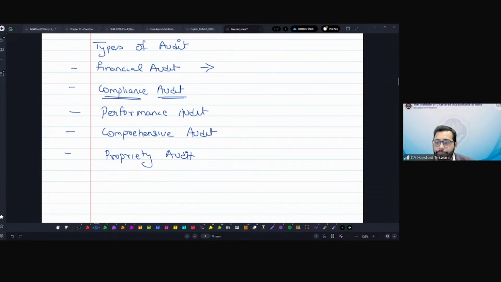Come on, guys. Anyone? Complied with the regulatory requirement? Yes. Comply with various laws and regulations? Yes. Absolutely correct. What else? Anyone?